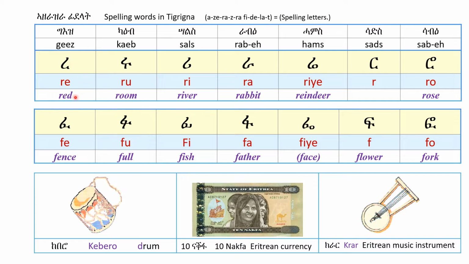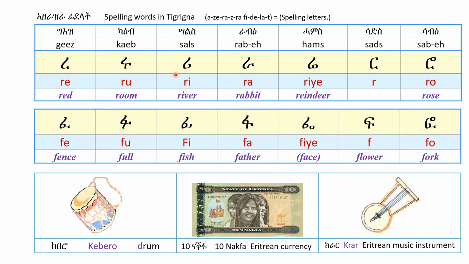Re like red, Ru like room, Ri like river, Ra like rabbit, Rie like reindeer, R and Ro like rose. Fe like fence, Fu like fool, Fi like fish, Fa like father, Fie like face, F like flower, Fo like fork.